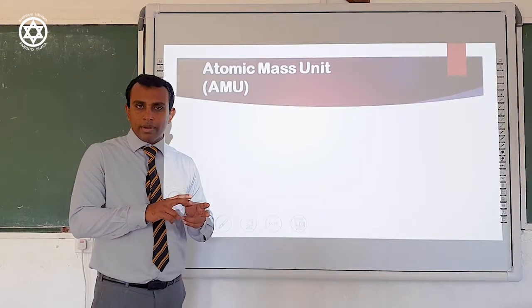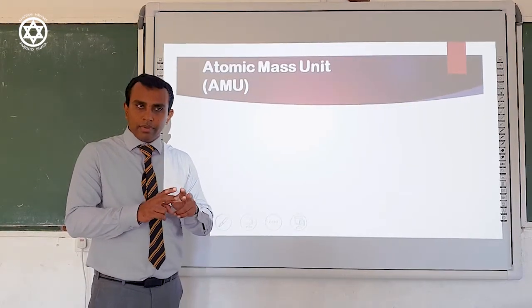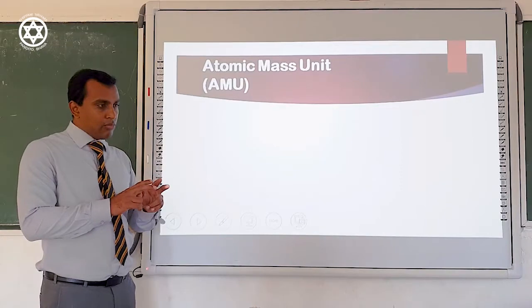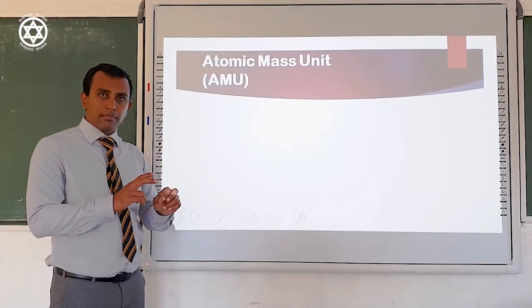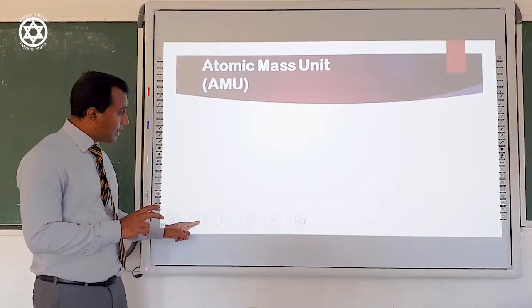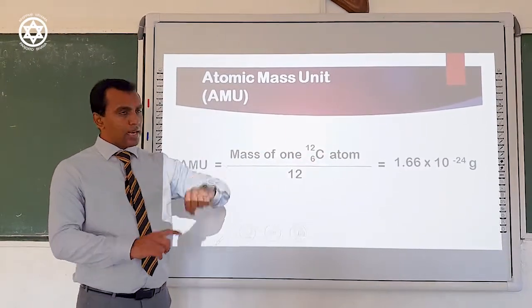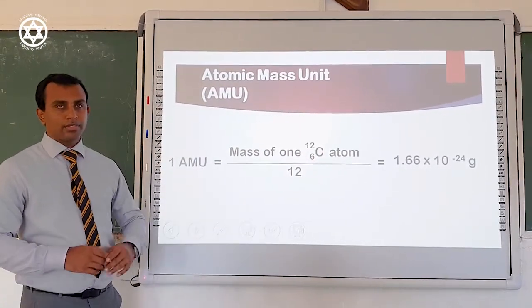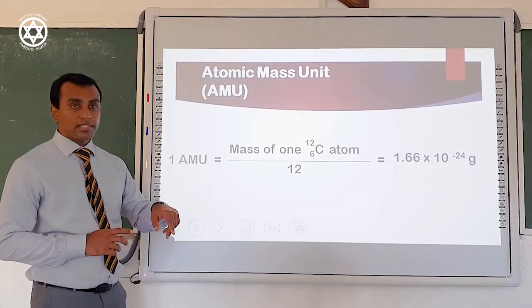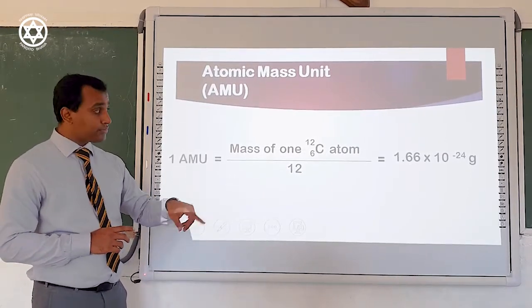Here the 6 means atomic number, 12 means mass number. 6C12, some books mention as C12 atom. When the mass of the C12 atom is divided by 12, you will get a certain value. Its value is 1.66 into 10 to the power minus 24 grams.